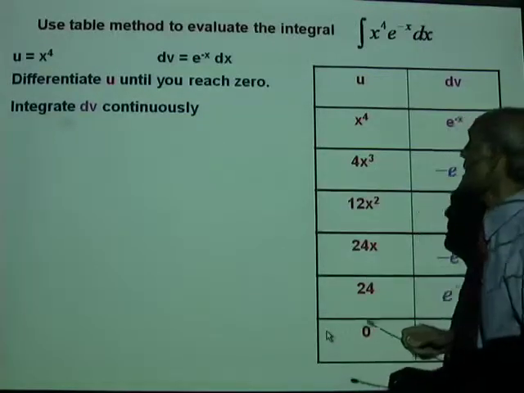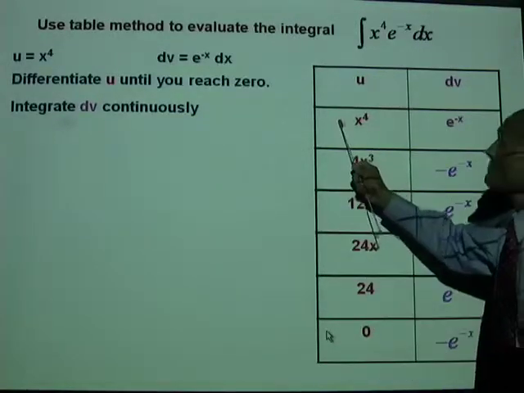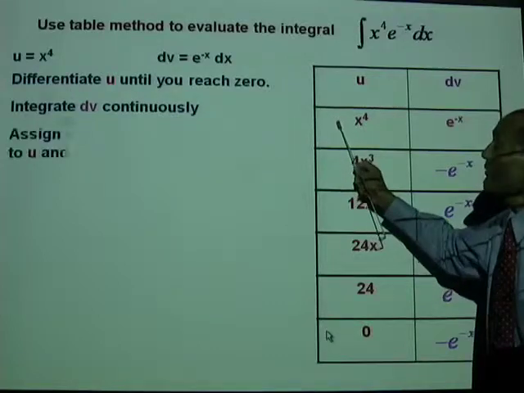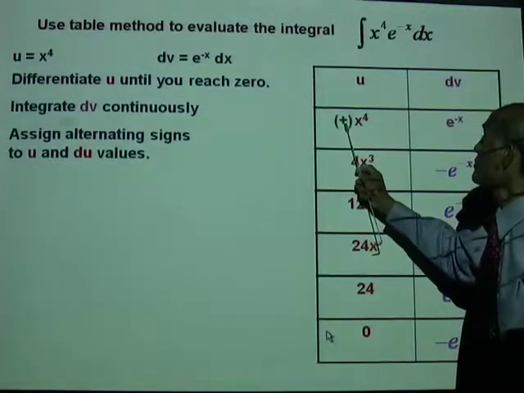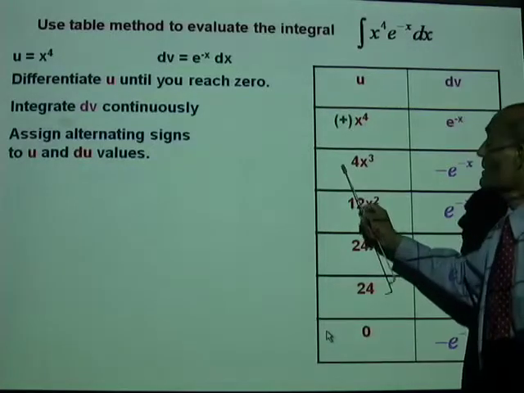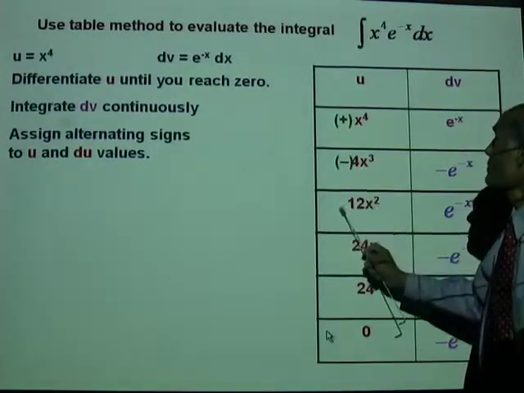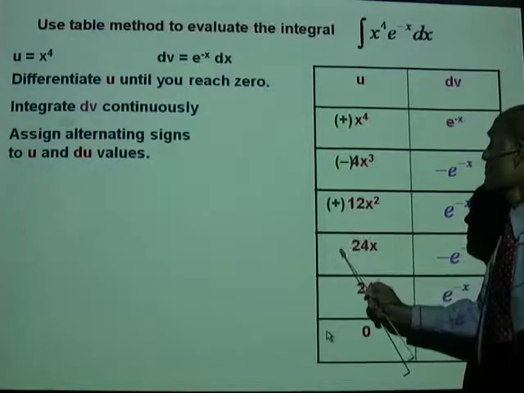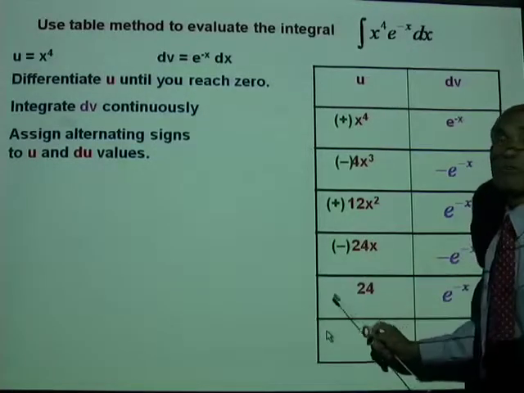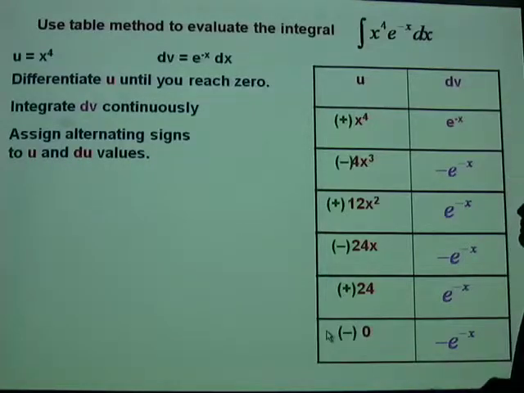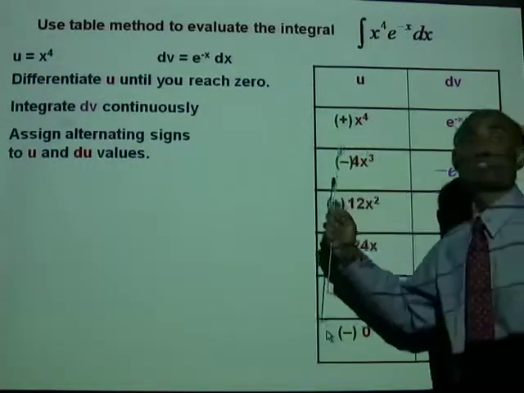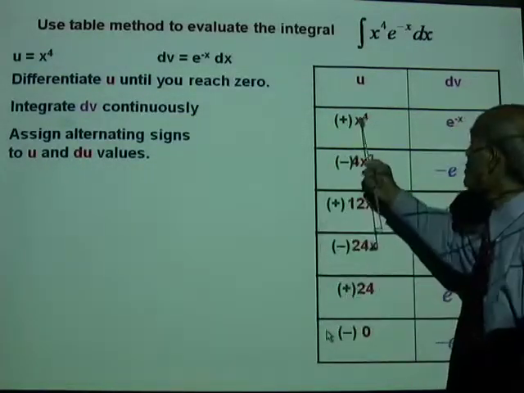We can start picking our terms after assigning the signs. So assign alternating signs: positive x to the power of 4, negative 4x cubed, positive 12x squared, negative 24x, positive 24, and so on. And what is our first term of this integration?